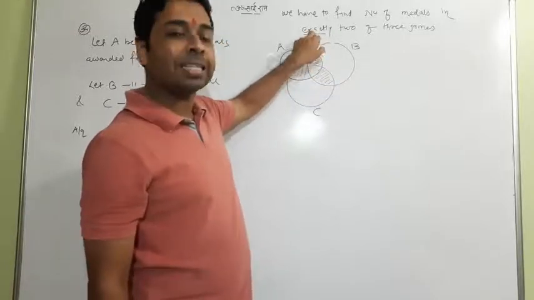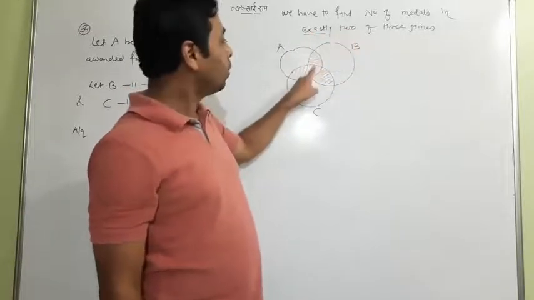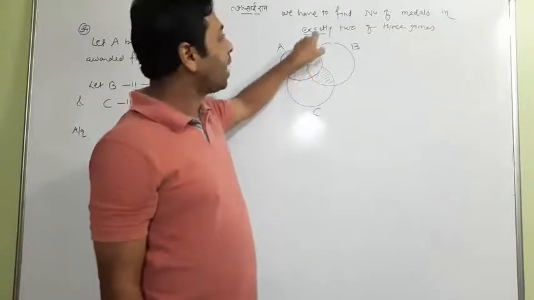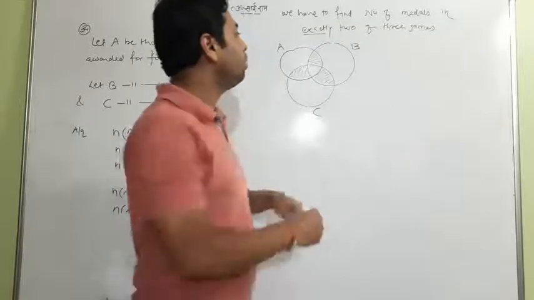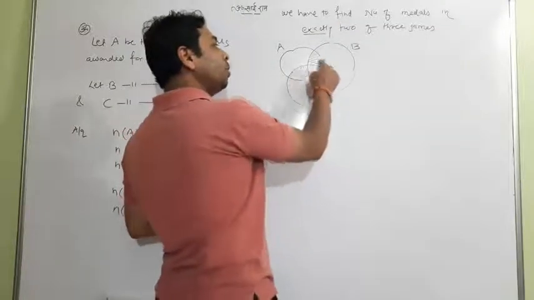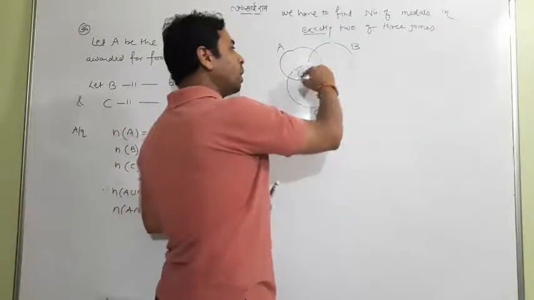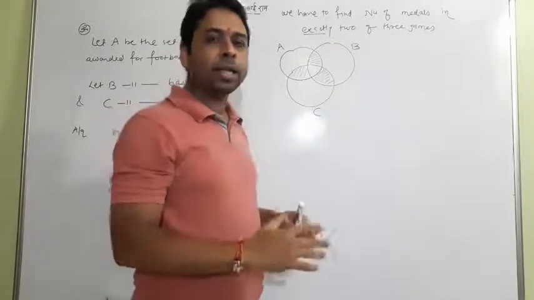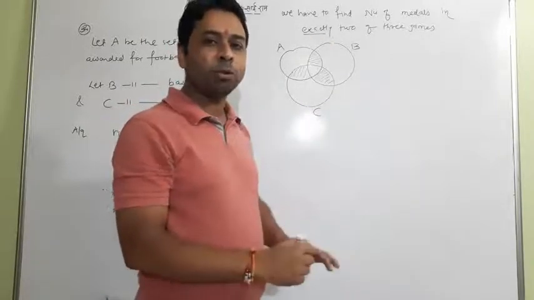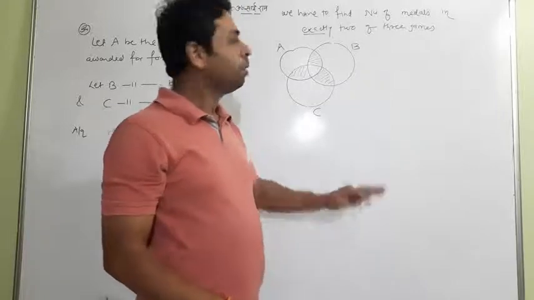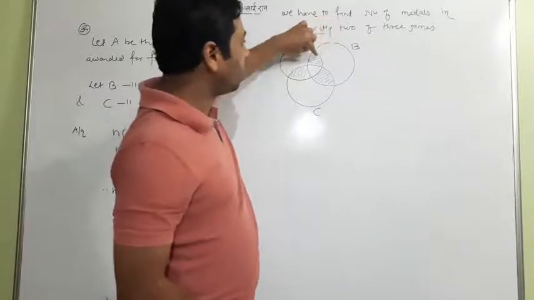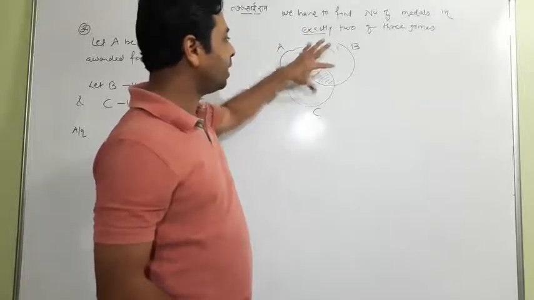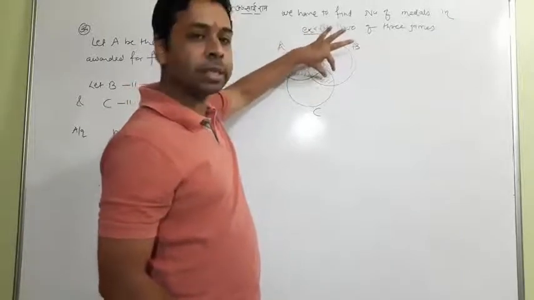If you count everything, it will be in all. But we just have to find exactly 2 of the 3 sports, meaning either this or this or this. We have to count all these elements, and that is called exactly 2. Exactly 2 of the 3: A and B, A and C, and B and C.